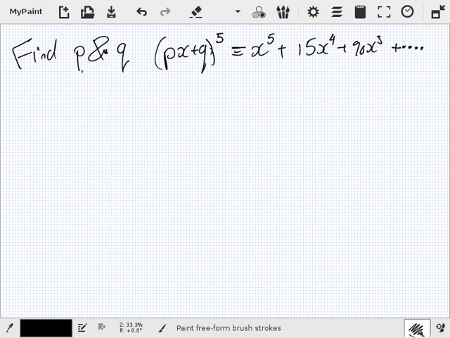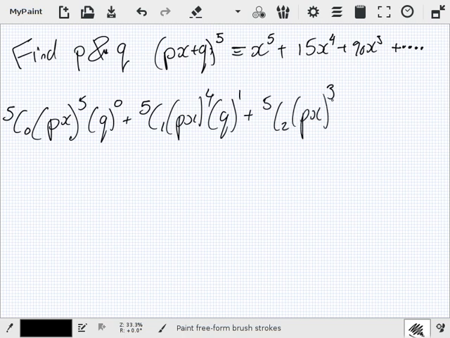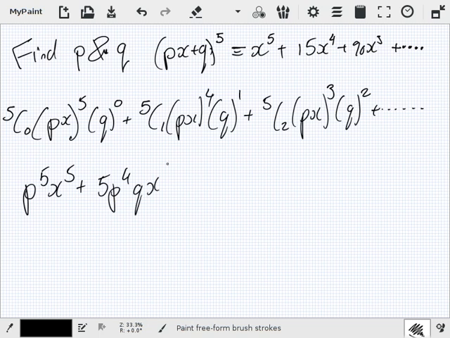Yeah, good. So what you do is you expand on the left and you get 5C0 (px)^5 q^0, plus 5C1 (px)^4 q^1, plus 5C2 (px)^3 q squared, etc. Now, the left can be simplified into p^5 x^5 plus 5p^4 q x^4 plus 10p cubed q squared x cubed, dot dot dot.